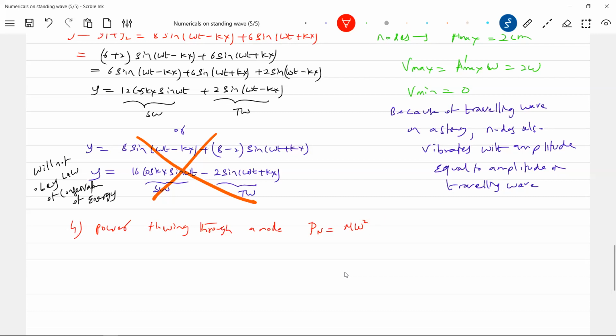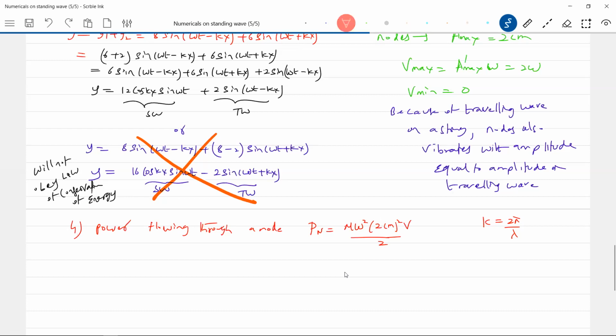What is amplitude? Amplitude will be 2 centimeter whole square, v by 2. This much is what we have here. Then we know k equals 2 pi by lambda. Power is asked, am I right? The amplitude is 2. If you want to write 2 square, you write it as 4.